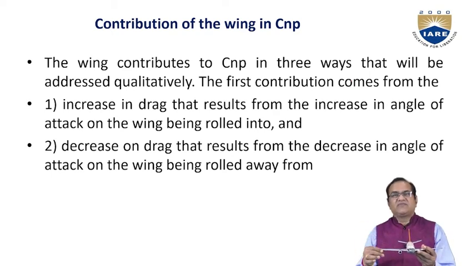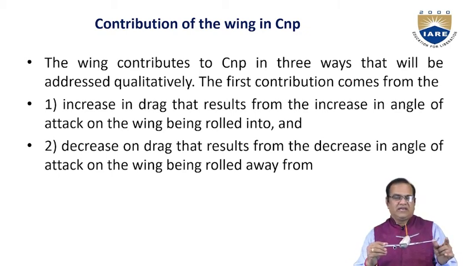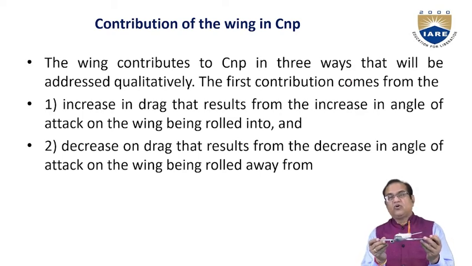Here, additional lift will be generated; here, less lift will be generated. This additional lift will generate drag in this direction, and here the drag will be less than this. So the aircraft will try to nose yaw towards the right.